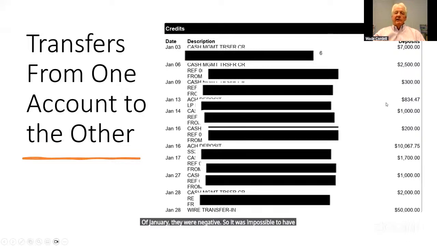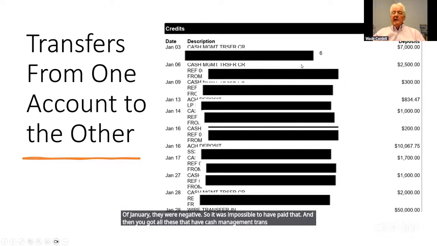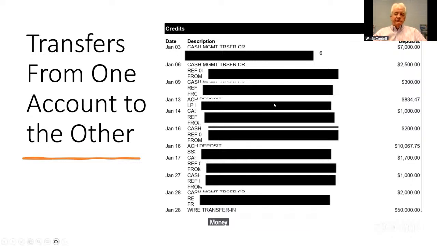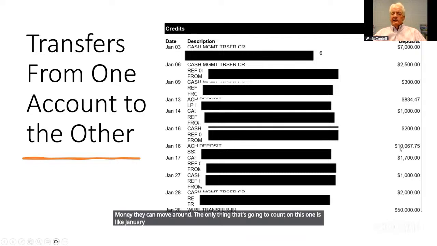And then you've got all these that have cash management transfers. None of those cash management transfers count as deposits. None of them do. All they're doing, by the way, is transferring money from a savings or maybe a cash management account that is not another bank account, but it's where they've got money they can move around. The only thing that's going to count on this one is like January the 16th, they had an ACH deposit, and I blacked all this out because I'm not going to let you see account numbers and that sort of thing.